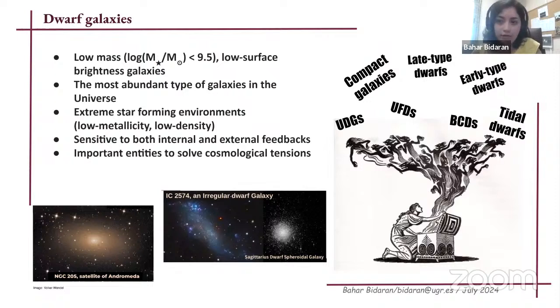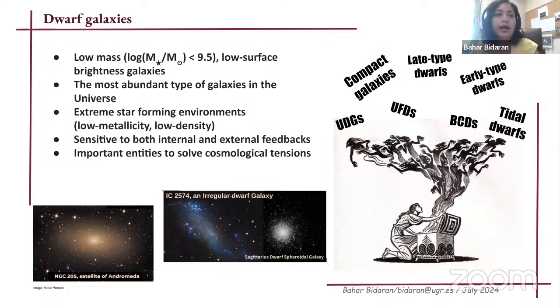They are all called dwarf galaxies. They are all in our local group, but as you can see, they have different properties. They differ not only in morphology, but also in terms of stellar population properties and star formation histories. They are in different stages.